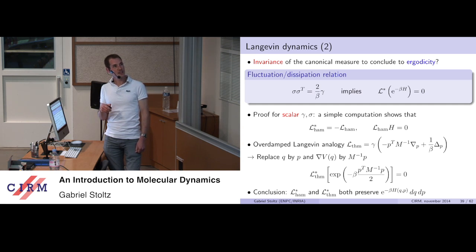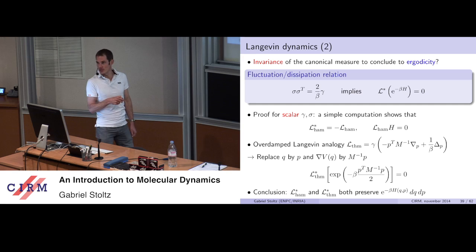So here you see that any function of H is invariant for the Hamiltonian part, and this Gaussian is invariant for the fluctuation dissipation part. So this shows that exponential minus beta H is invariant for the two pieces of the dynamics.